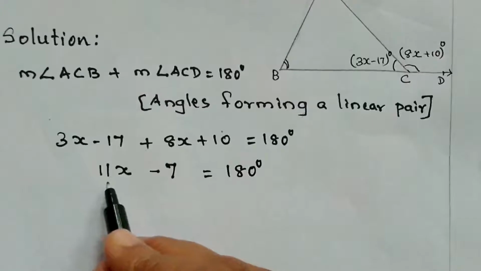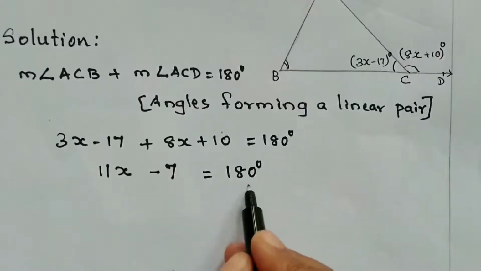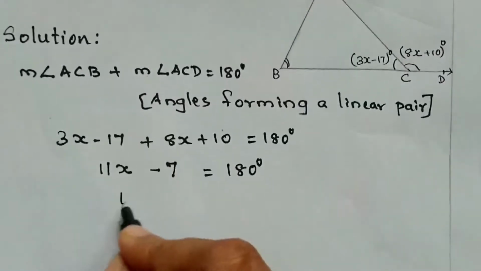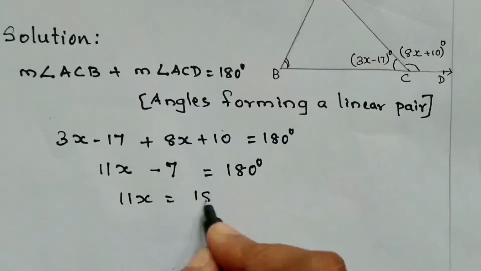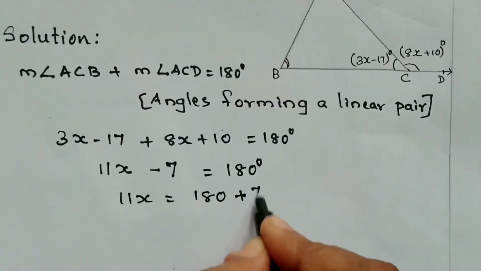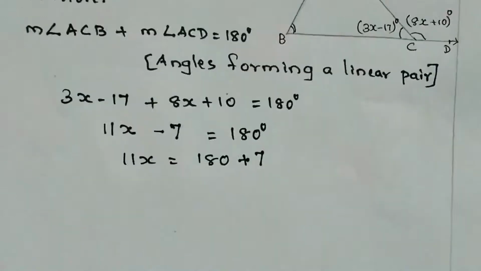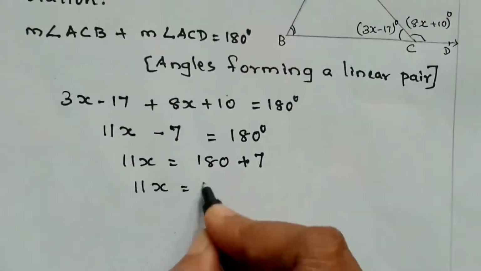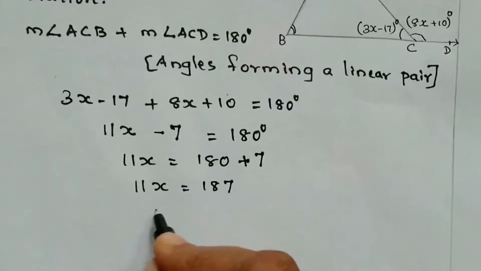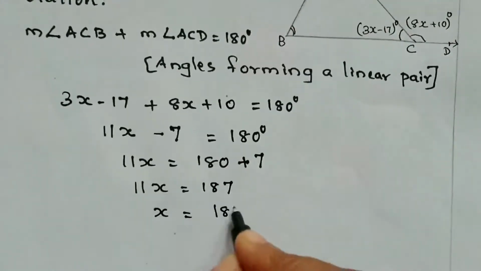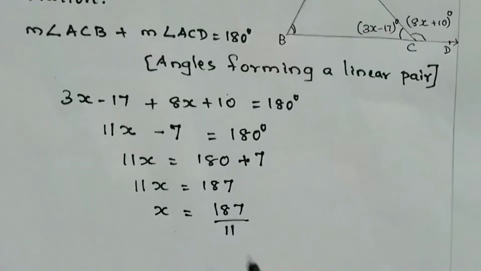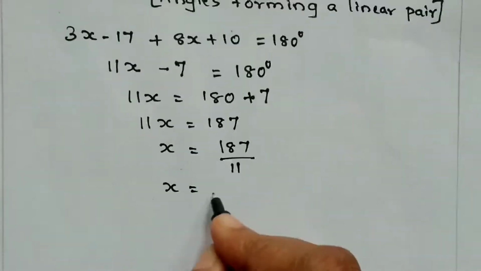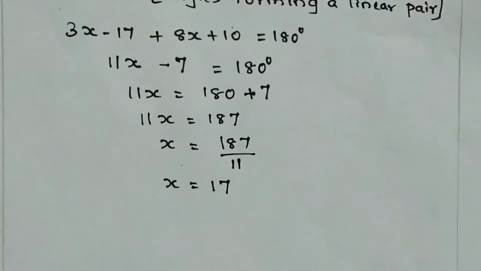So you get 11x minus 7 is equal to 180. So 11x is equal to 180 plus 7. That means 11x is equal to 187. X is equal to 187 divided by 11. That is x is equal to 17.